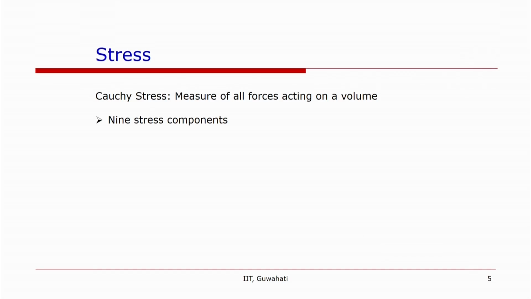Stress is the measure of all forces acting on a volume. We define stress as sigma equal to F over A, force per unit area. Now stresses will have 9 components. It is a second order tensor.